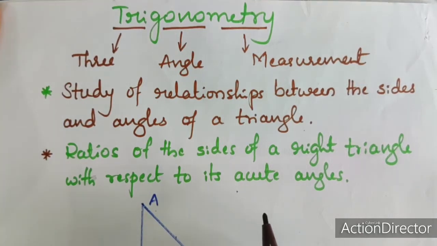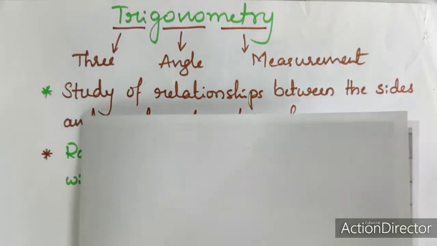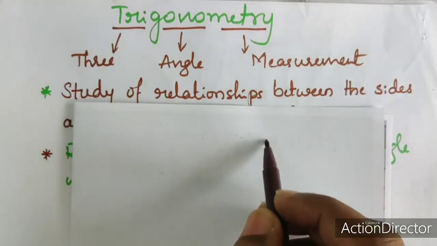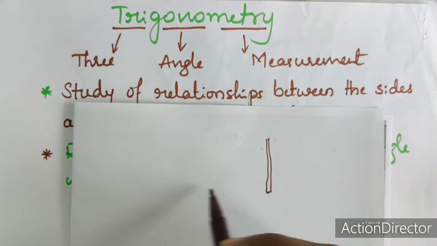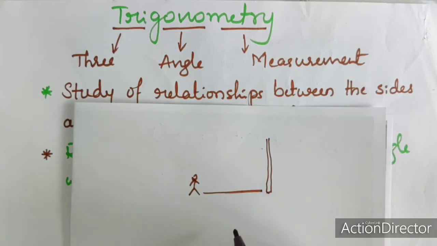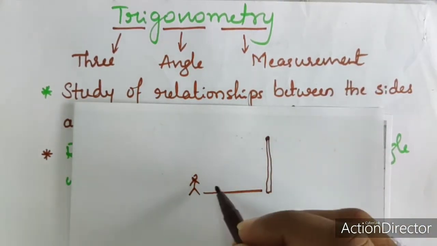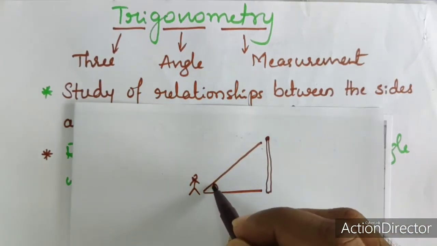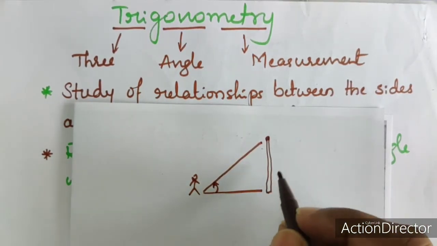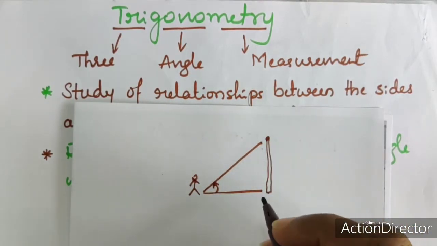So in real life it is used to find the height of, for example, suppose this is a pole and you are standing here. You can easily measure the distance between the pole and you, and through some devices you can even measure the angle of elevation, as we call it, and you can easily find the height of this pole without actually going and measuring.